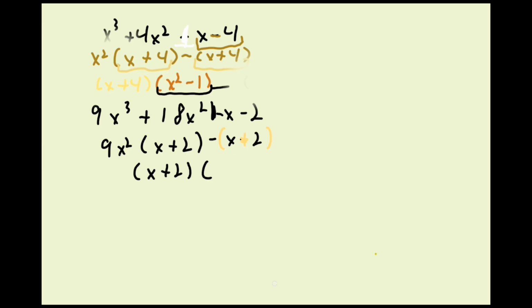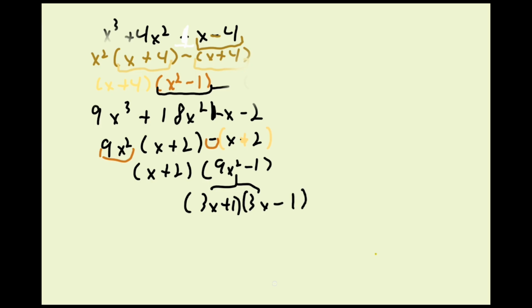Then we'll take this right here. These are terrible colors. I need to work on my colors. Then we'll take the subtraction here. And then we'll just do 9x squared minus 1. And again, if you want to, this actually goes to 3x plus 1, 3x minus 1. You can simplify more, but I'll get to that later.